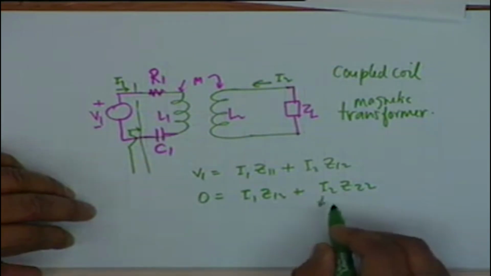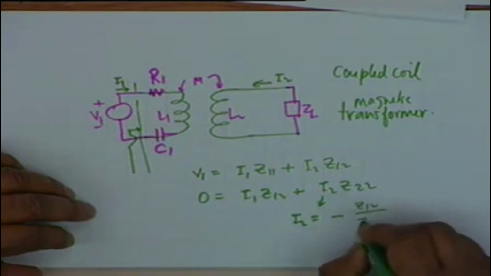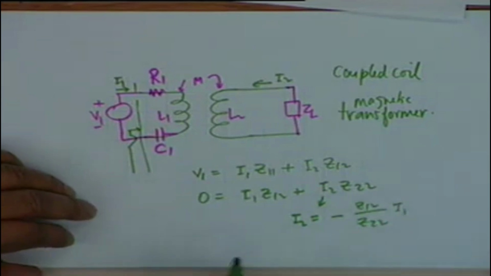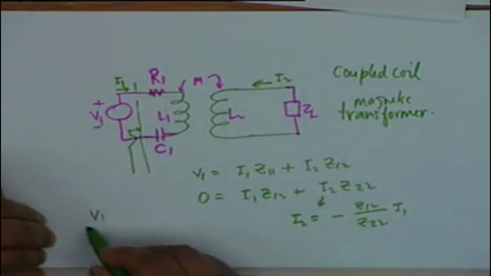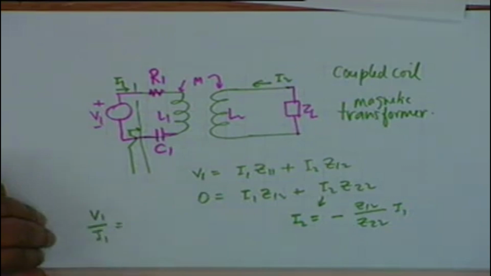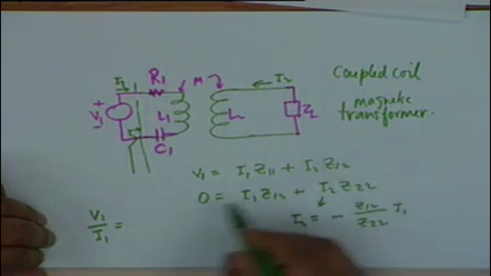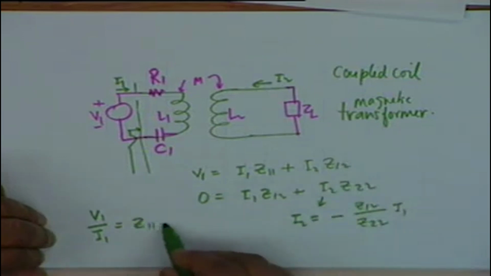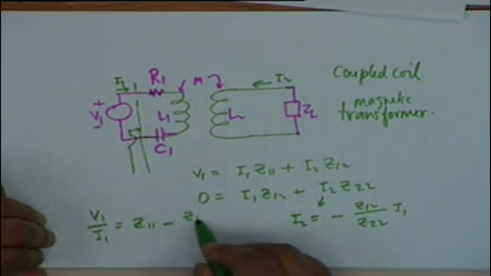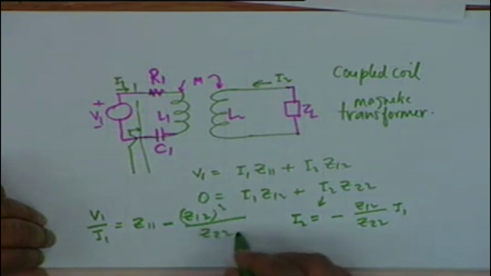Now from the second equation you can write I2 equals minus Z12 by Z22 times I1. You substitute this in the first equation, then V1 by I1 is Z11 minus Z12 squared divided by Z22.